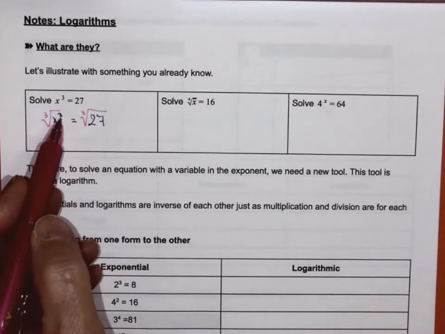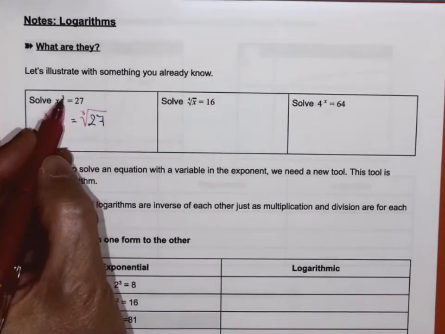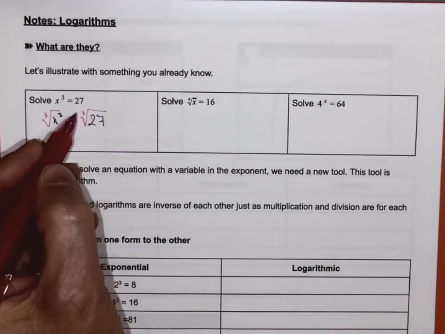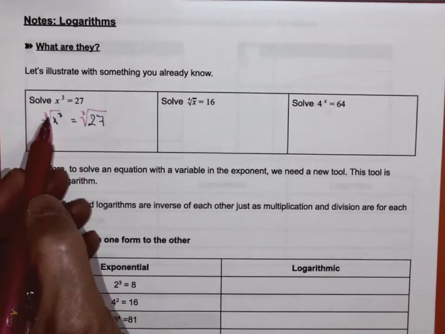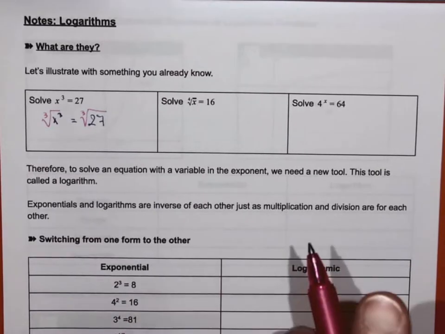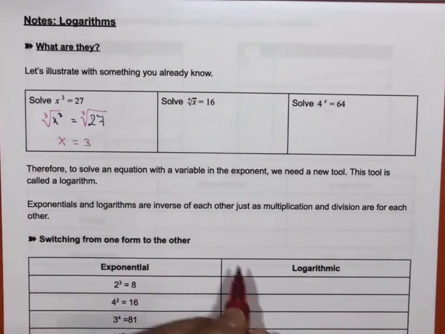So we're undoing an exponent with a root, and the index has to be the same as the exponent. So if this would be x squared, I would use a square root. If it would be x to the fourth, I would use a fourth root, etc. So the index would match my exponent, so that they're undoing each other. They're inverse operations of each other. And so that will become x is equal to 3.